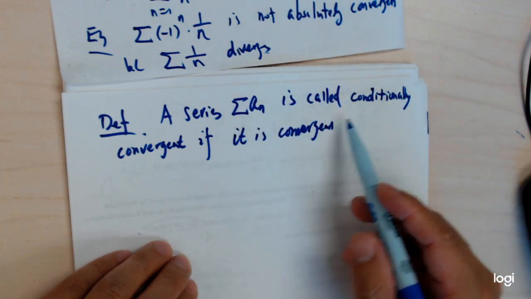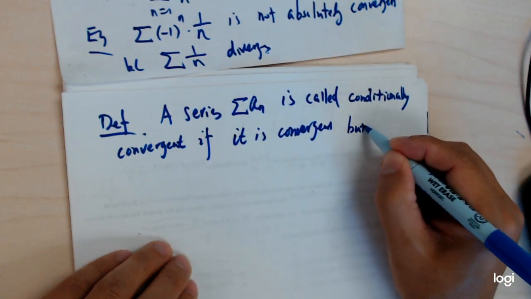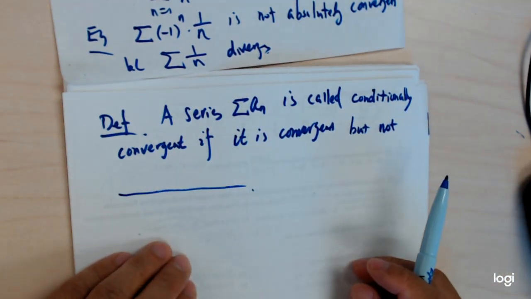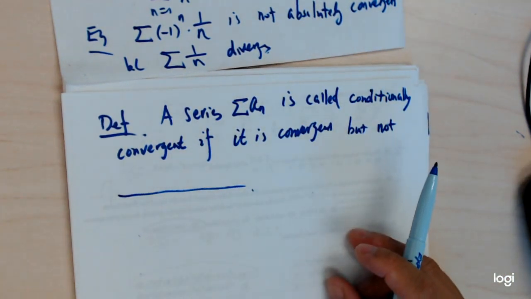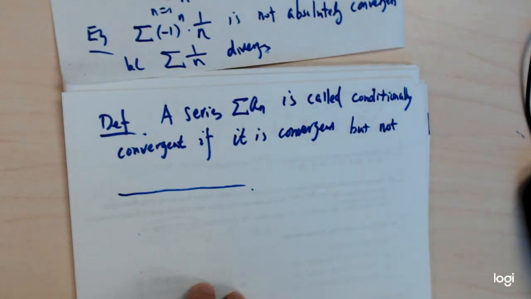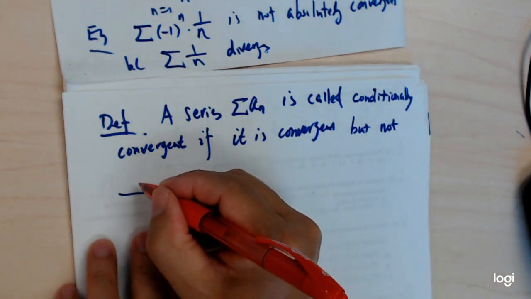A series is called conditionally convergent if it is convergent, but not what? That's the part we need to fill in here. But not absolutely convergent.